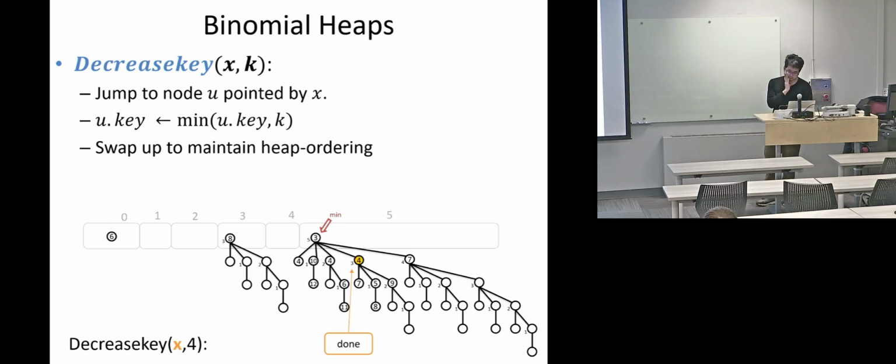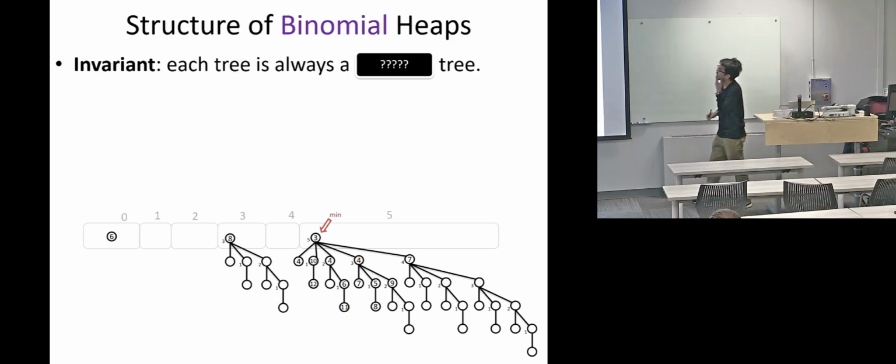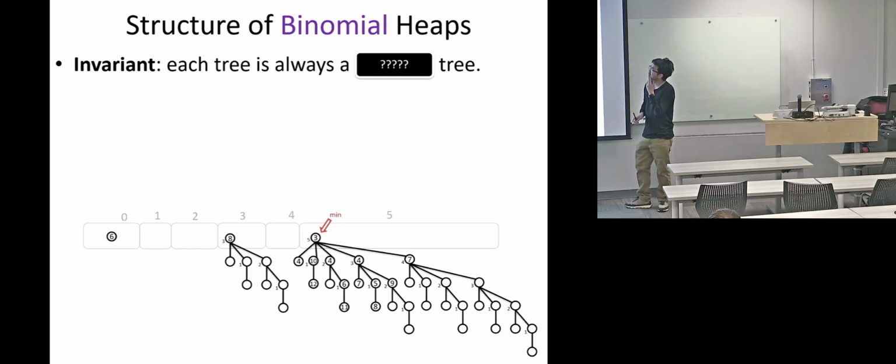Okay, so now I hope you understand the algorithm, and I hope you see that at every time each tree always has some structure. What's the structure of each of these trees at all times? Yeah. Heap order.